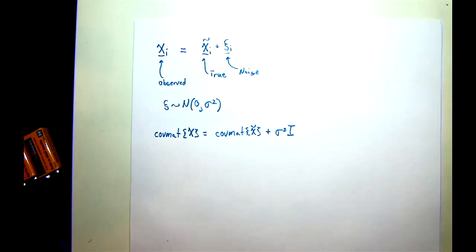The reason that we can break that apart is that we assume that the noise is independent of the true value. The noise is just some stochastic process. The true value is a value that exists out in the world. And the noise applies equally to each of the data points that we observe. So we can break that apart.